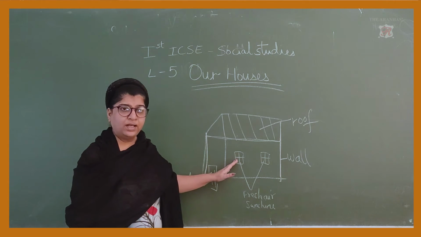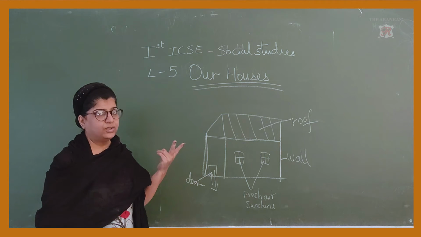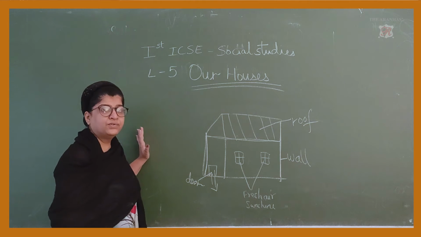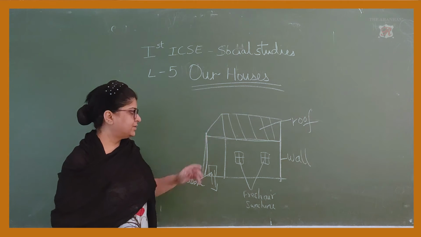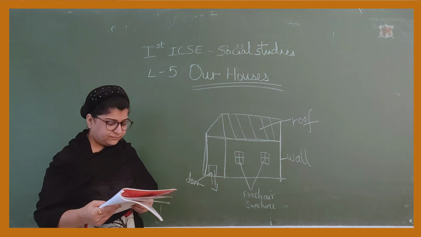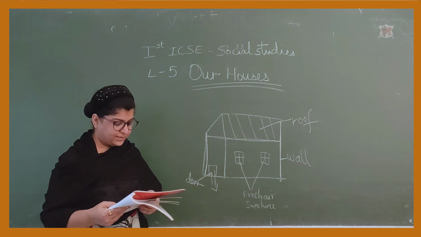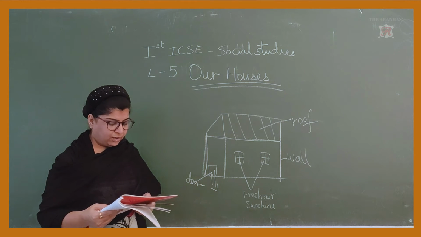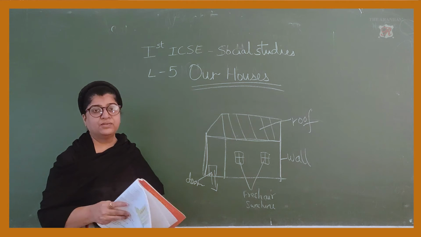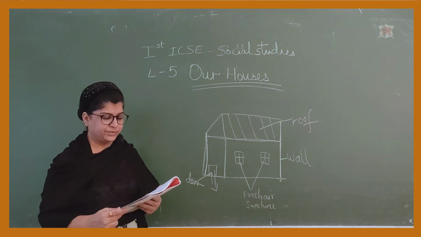If it is a small house, it can have 1 or 2 rooms. If it is a big house, you may have 4 or 5 rooms. Small houses may have 1 or 2 rooms. Big houses have many rooms.